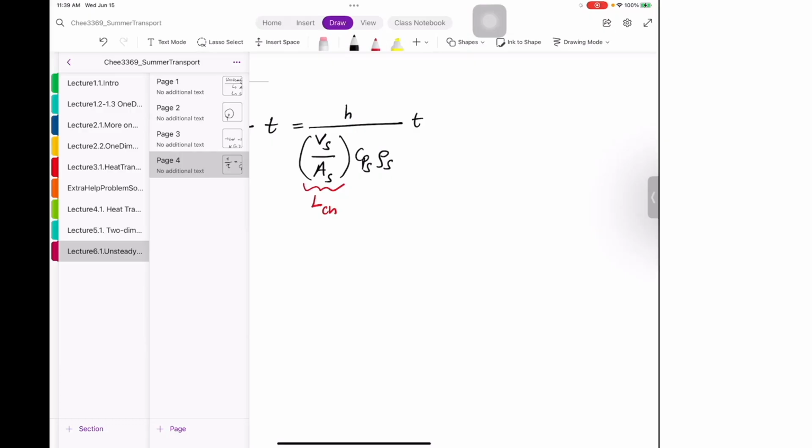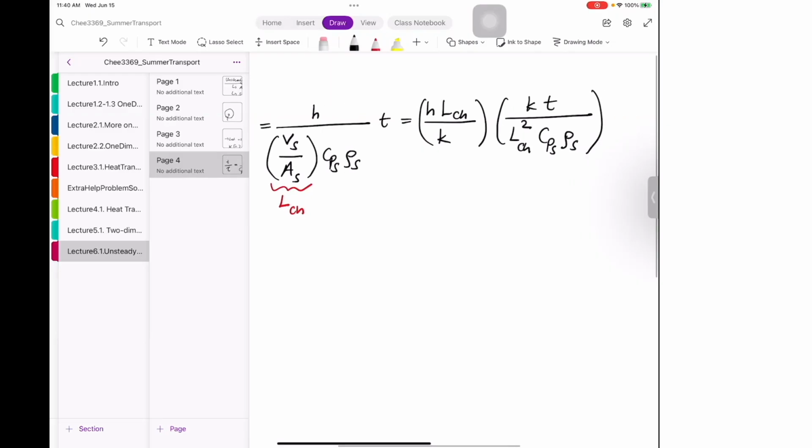And you can actually multiply the numerator and the denominator by L characteristic, and convert this into h L characteristic divided by k, and let's also divide by k and multiply by k to get k t divided by L characteristic squared c_p,s rho_s.